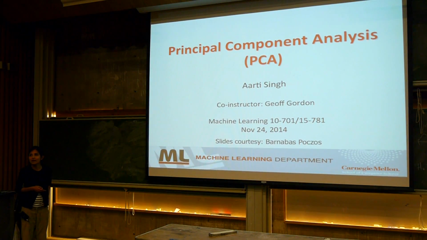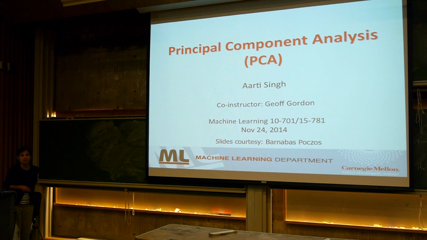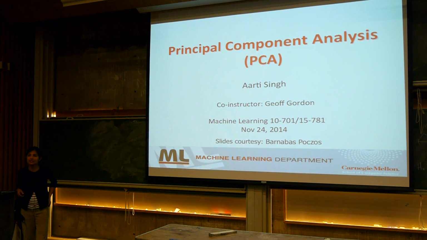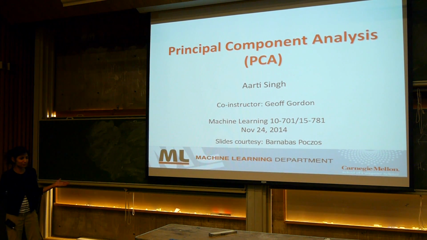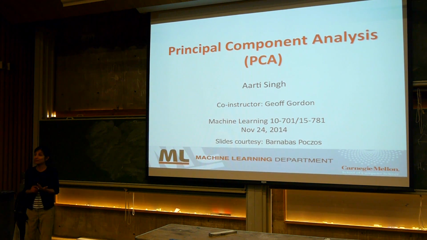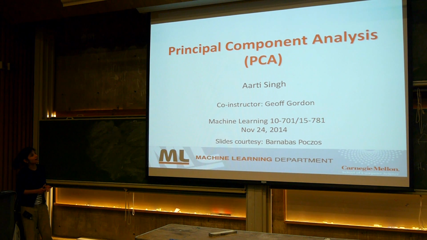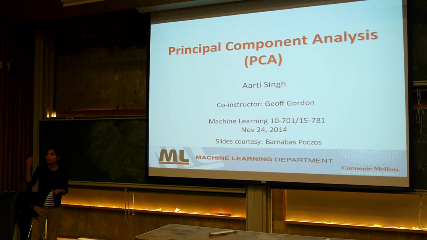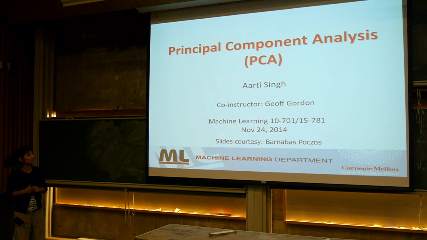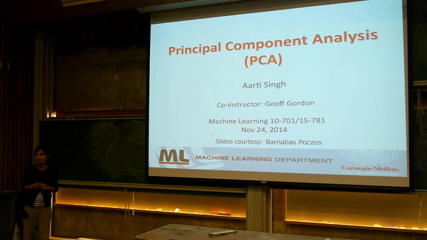All right, so let's start back on the next topic, which is fairly short and pretty useful. This is principal component analysis. In the spirit of doing things on unsupervised learning, we have looked at density estimation, we have looked at clustering or mixture modeling, and we also talked about how in some cases you might want to not keep track of all the features that you have and do some kind of dimensionality reduction.